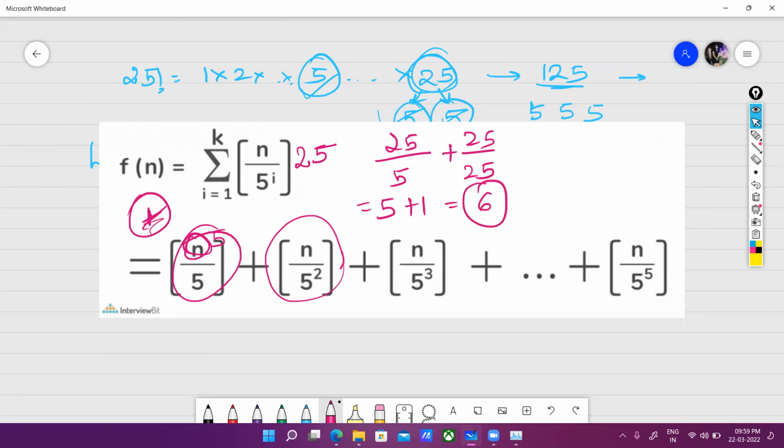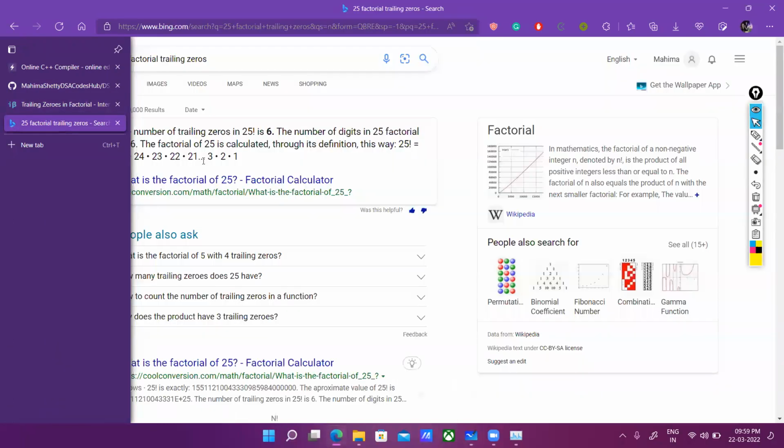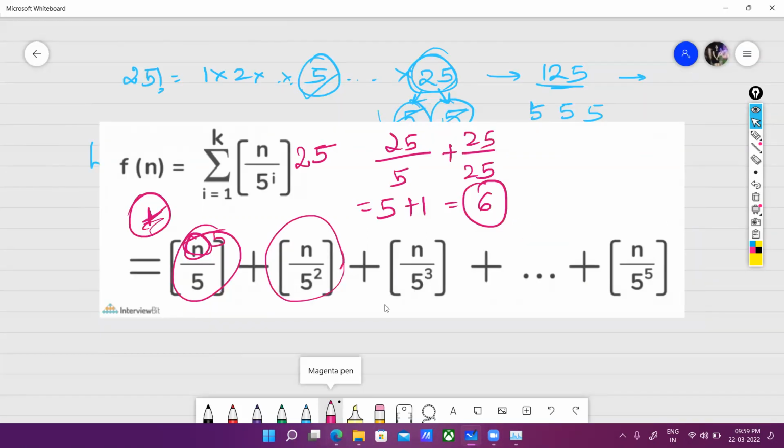If you check on the internet, the number of trailing zeros in 25 factorial is 6. This is how we deal with it. If you ever get asked in an interview how to find the trailing zeros, this is the actual solution, called Legendre's solution.